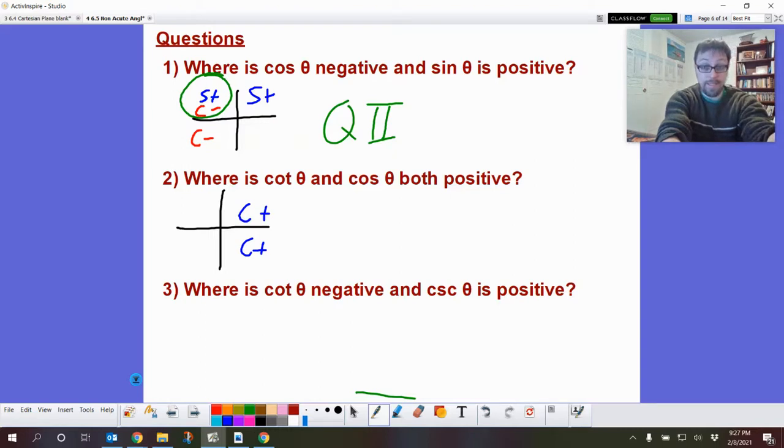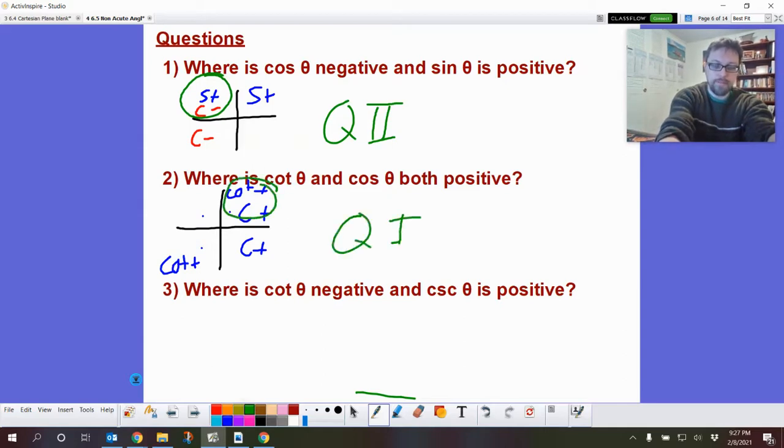All students take calculus. Cotangent is related to tangent. So tangent's positive here, so cotangent will be positive here. And tangent, all students take tangent. Cotangent will be positive here. So where they're both positive is right here in quadrant 1.